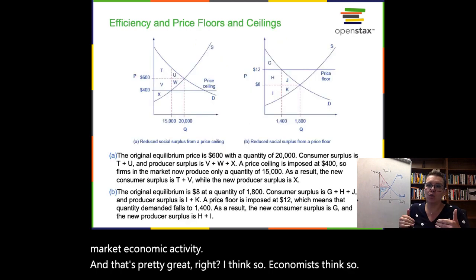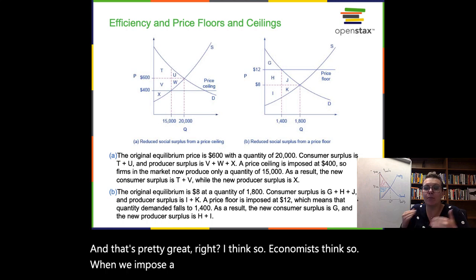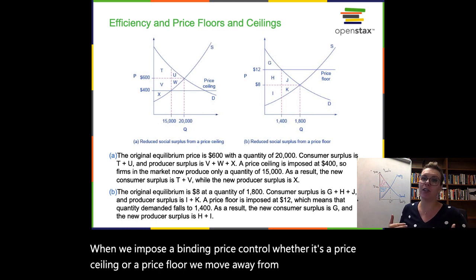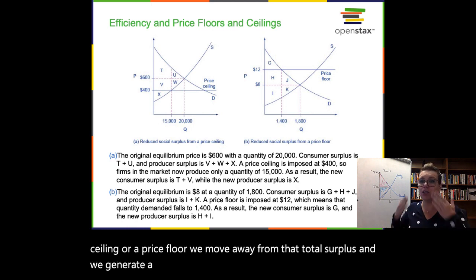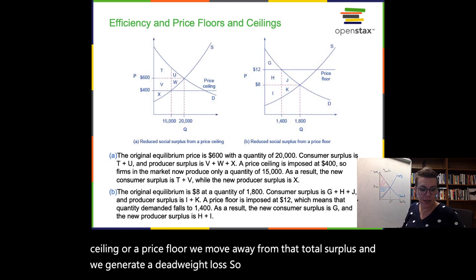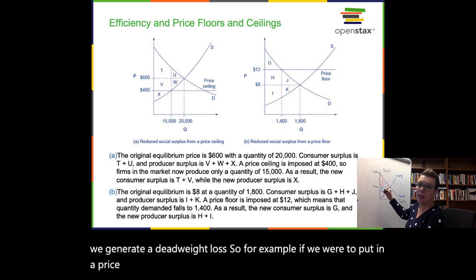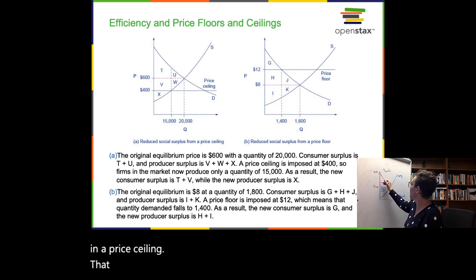When we impose a binding price control, whether it's a price ceiling or a price floor, we move away from that total surplus and we generate a deadweight loss. So, for example, let's put in a price floor up here.